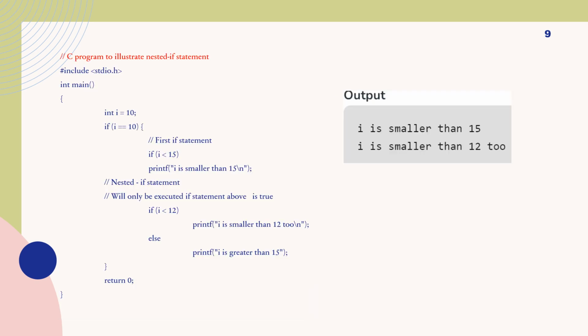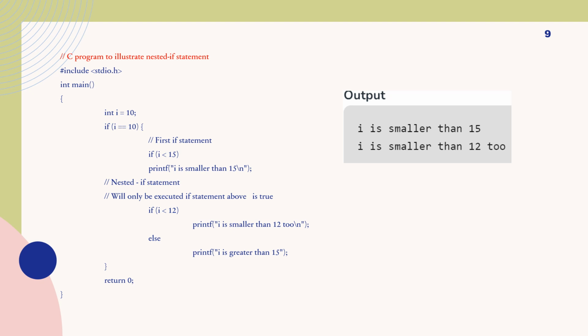So here is the program for the demonstration. int i = 10, if i is equal to 10, it will go into the first if condition, that is it will print "i is smaller than 15", and if i is less than 12, again it will print "i is smaller than 12".